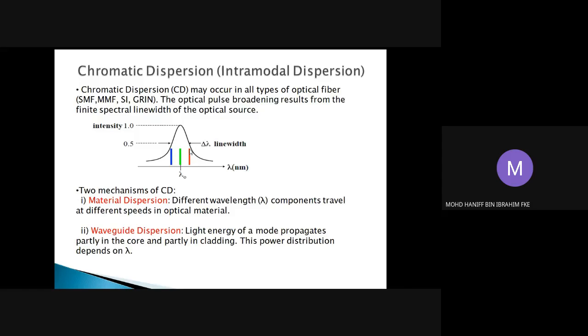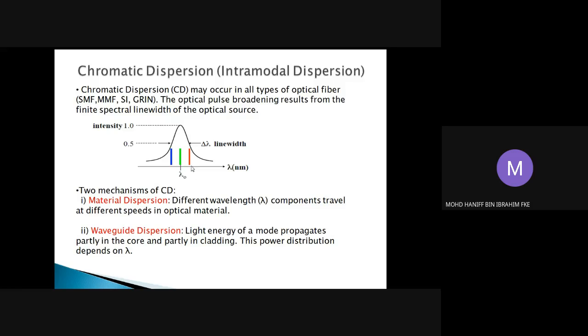So when we have the line width that is traveling in your fiber optic structure, there should be a red light at a certain wavelength. We have a green light at lambda naught, and we have a blue light at this wavelength. So we assume here this red light is at the wavelength of lambda naught plus delta lambda divided by 2, because the line width is delta lambda.